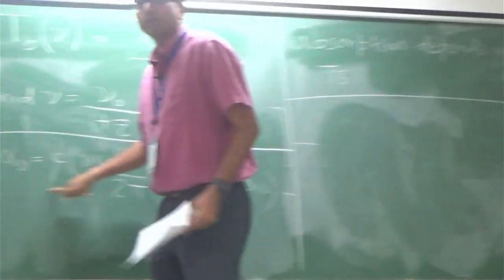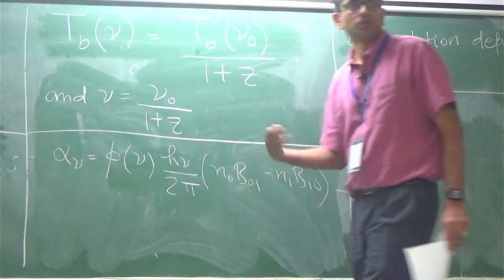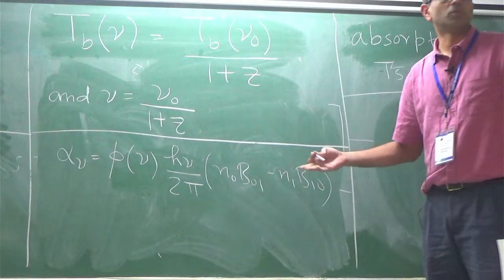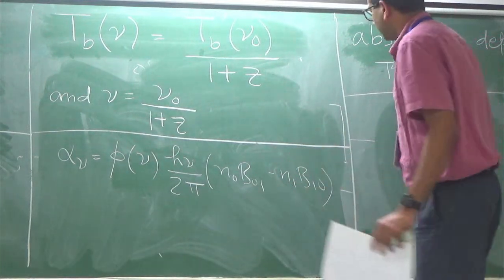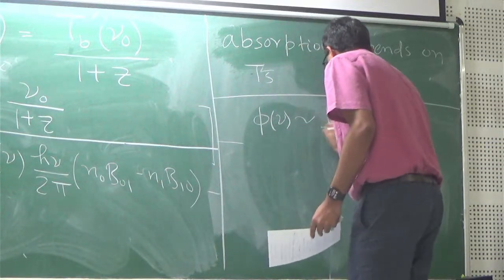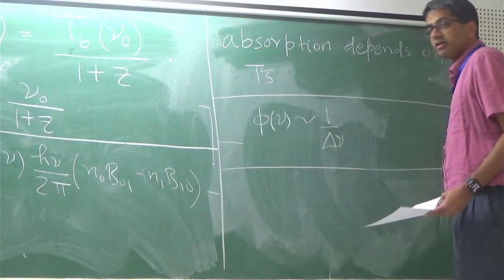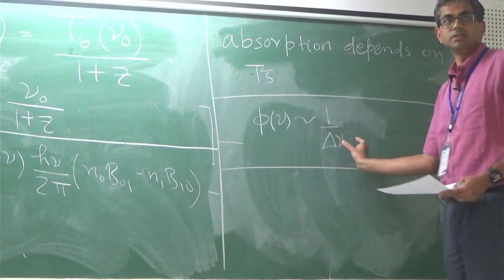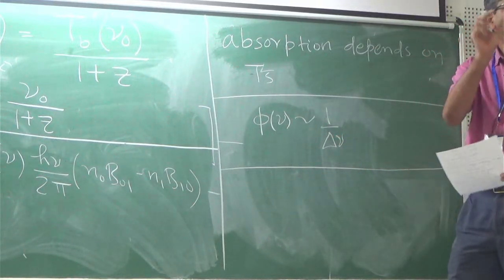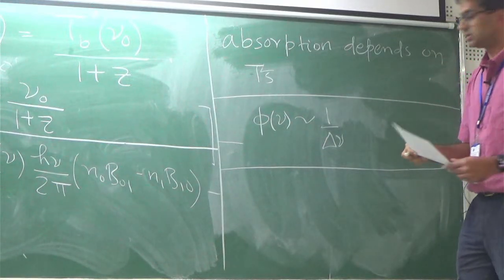Here, I have not yet specified the line profile phi nu. People probably know that this line profile has the functional form of the Voigt function, but we can often approximate it as a simple square wave absorption with a width delta nu, where delta nu is related simply to the peculiar velocity of the atom.